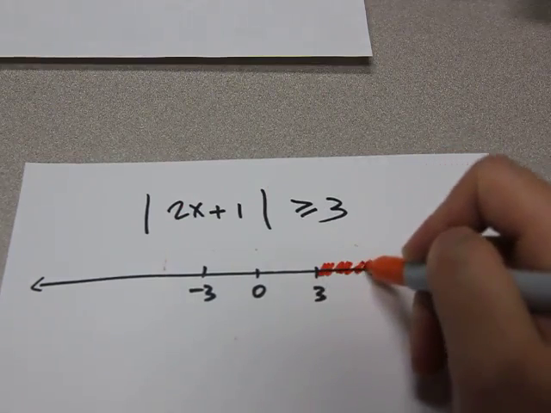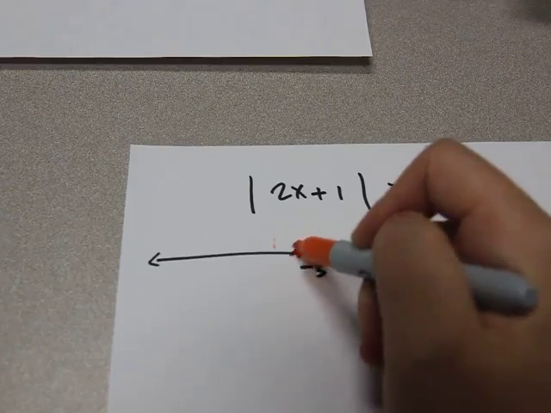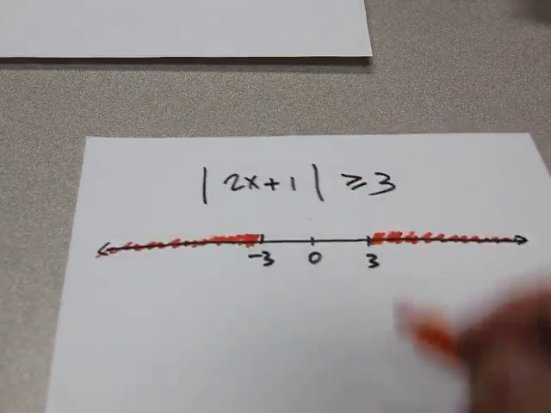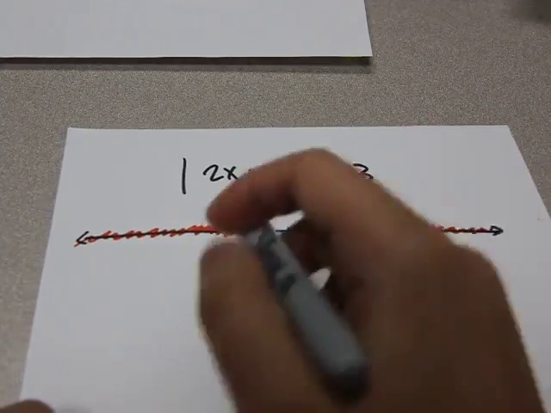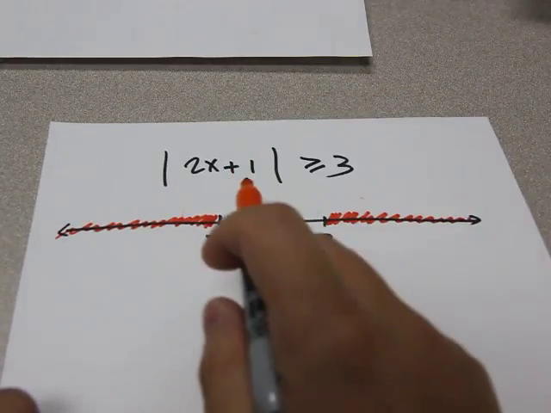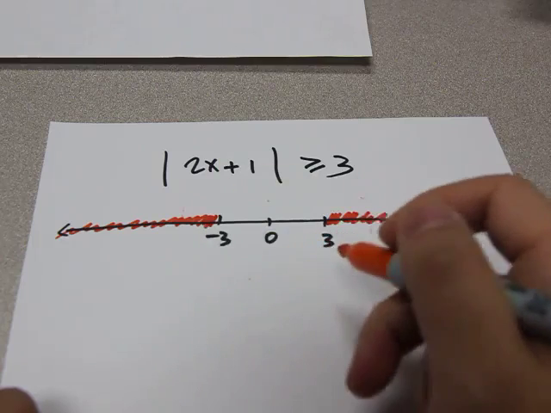So it could be there, and it could be there. So from these two regions, we can rewrite this absolute value inequality into normal inequalities.